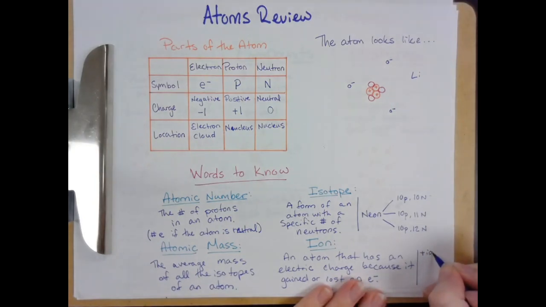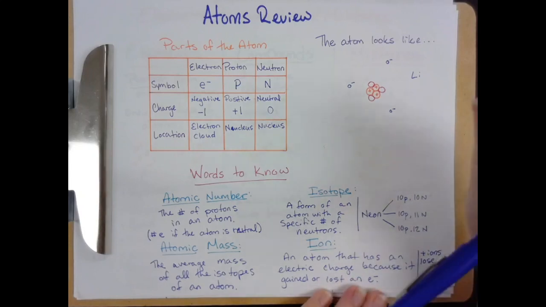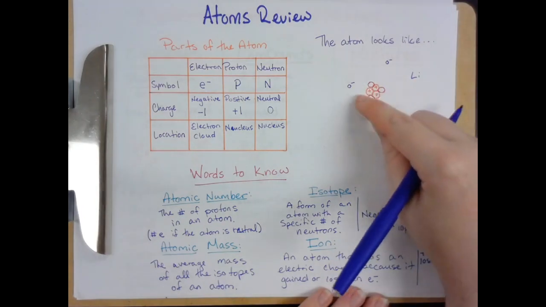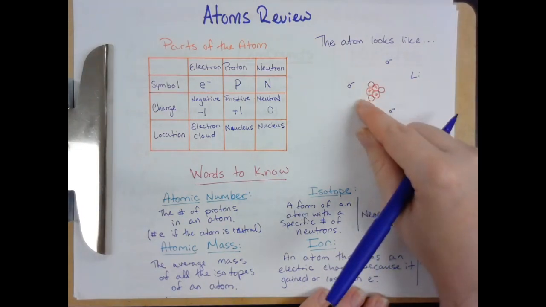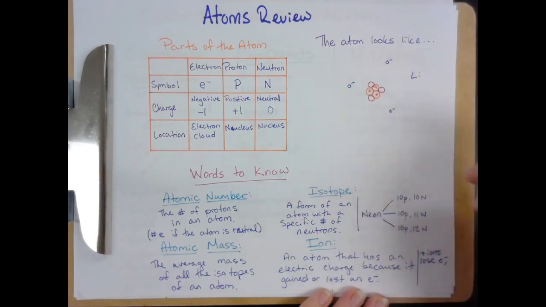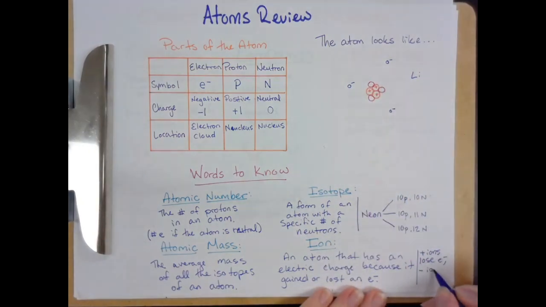So positive ions lose electrons. If I had a negative ion, that would mean I would be adding an electron. So I'd have 4 electrons and 3 protons, and I'd have more negative than I had positive. So negative ions gain electrons.